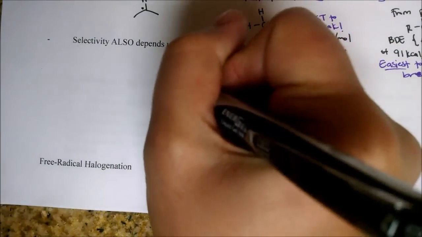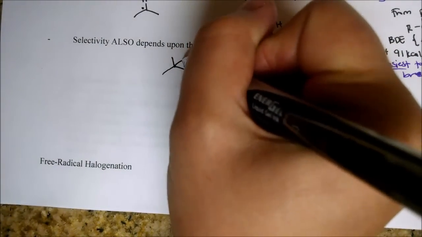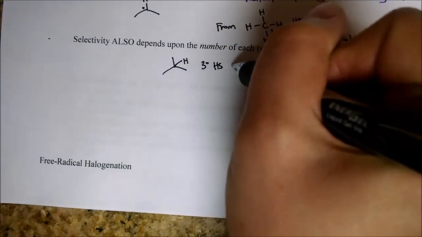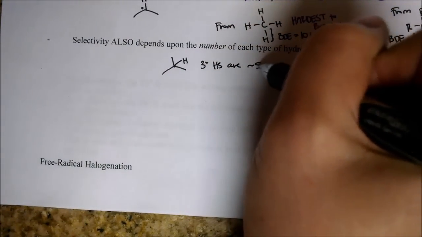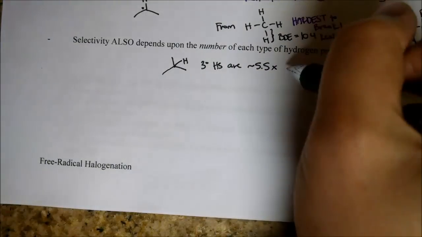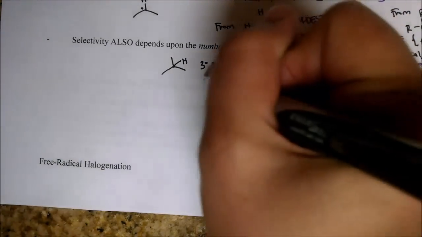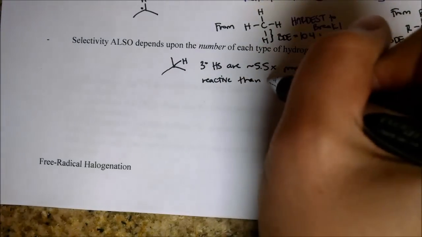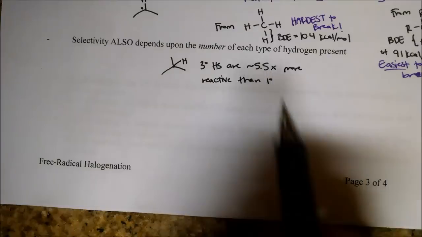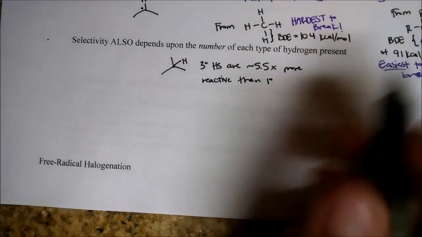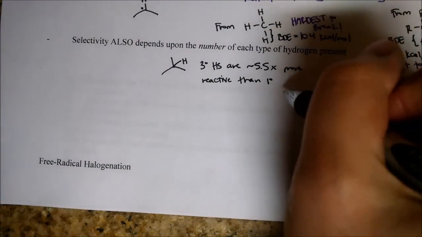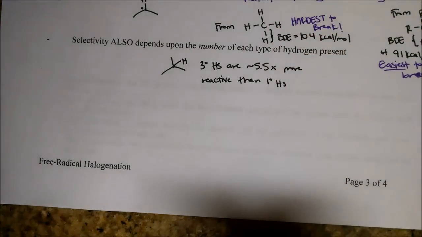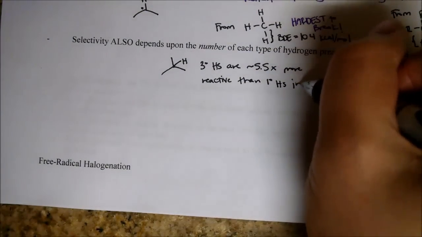So what if I gave you this guy, okay, and I told you that tertiary hydrogens are about 5.5 times more reactive than primary. Okay, right, so these are even more reactive than secondaries. Well, just compared to primaries, because I'm telling you they're 5.5 times more reactive than primary hydrogens in chlorination.